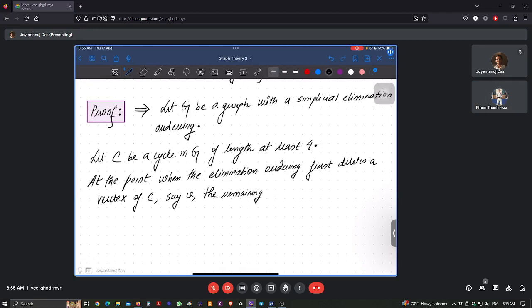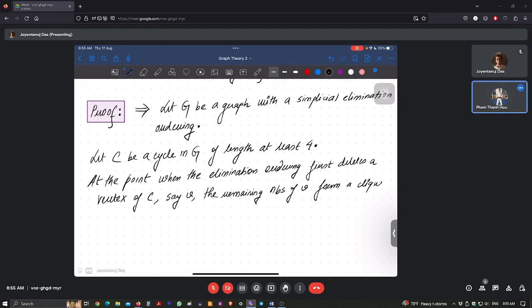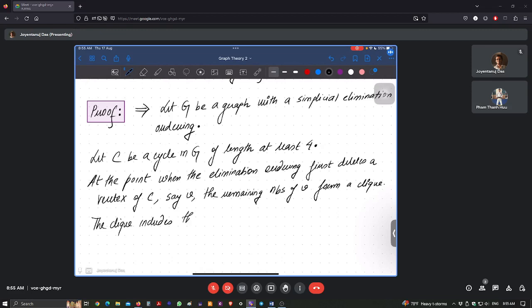So the remaining neighbors of V form a clique, right? So the thing is, the clique includes the neighbors of V on C also, right?